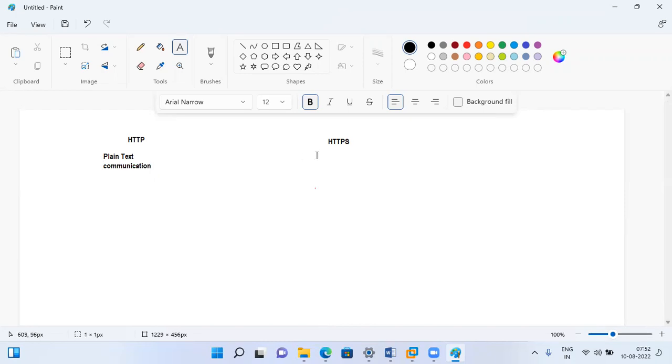Whereas in HTTPS, the data gets communicated in encrypted manner. Plain text is something which is in readable format and anyone can understand. Encrypted communication is not in a readable format or form. Only the person who knows the secret key can understand this, right?